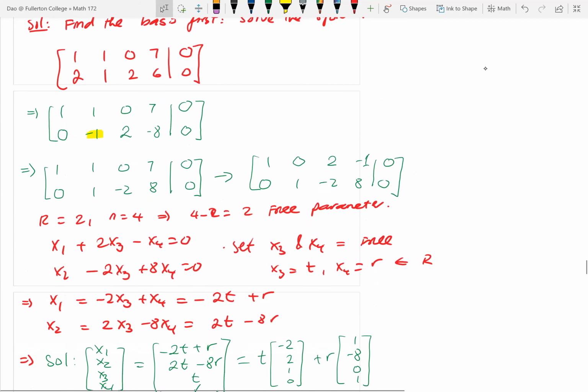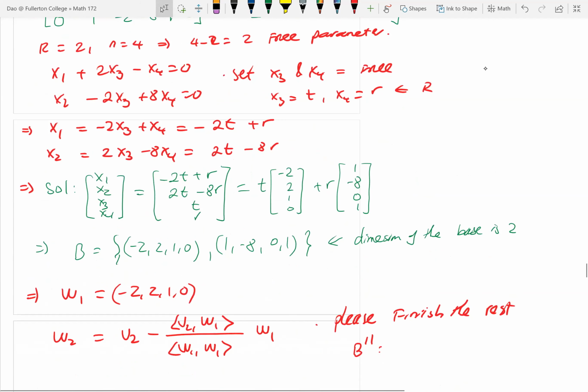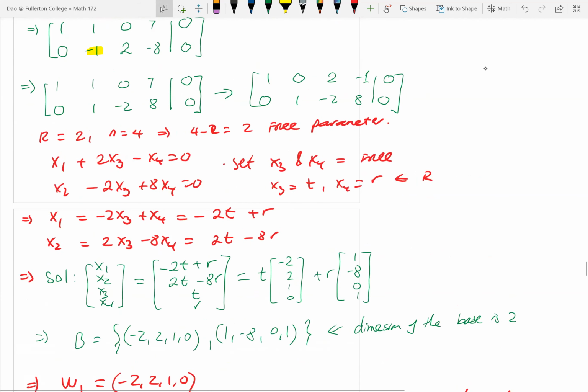You can find the basis first, and then apply the Gram-Schmidt procedure to find the orthonormal basis, orthogonal basis as needed. Okay, so that's the main thing of this section. It is very useful, and we can always do it. So just watch out for the algebra skills, then you should be good. All right.